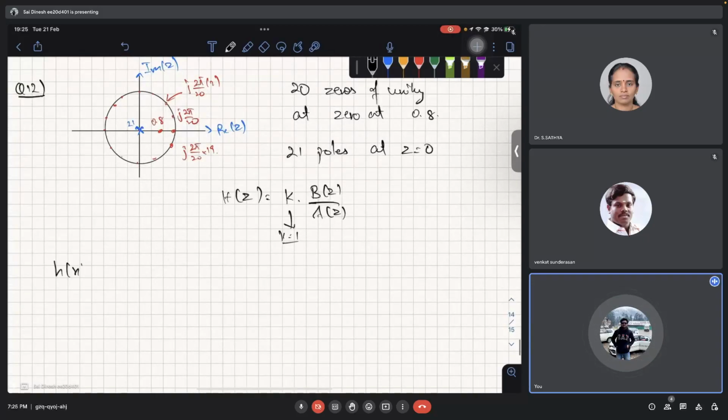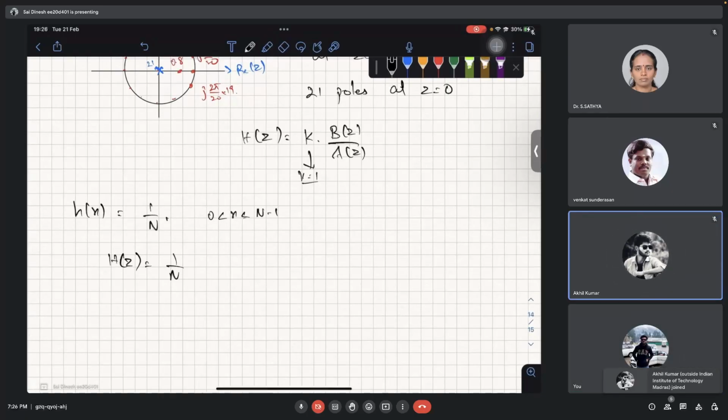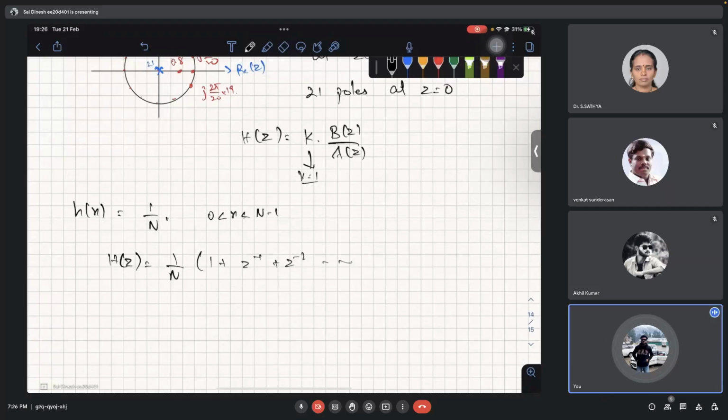So if we have h of n is equal to 1 by N for 0 less than n less than N minus 1, what will the H of z be? 1 by N into 1 plus z inverse, z power minus 2, up to z power minus of N minus 1, right?